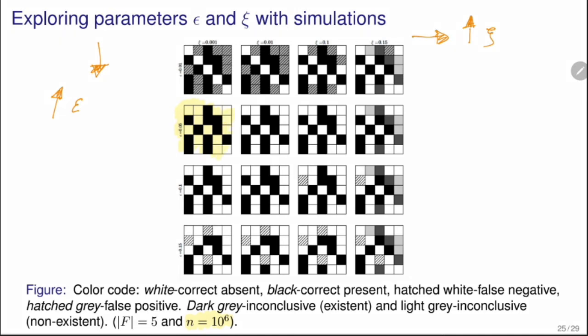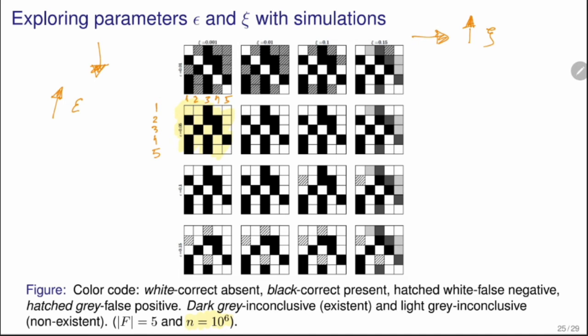Okay? Here, in all cases, we have 5 neurons, right? So let's say it's 1, 2, 3, 4, 5. 1, 2, 3, 4, 5. And here, each entry is either white or black. The white entries are correct absent connections, and the black ones are correct present connections.